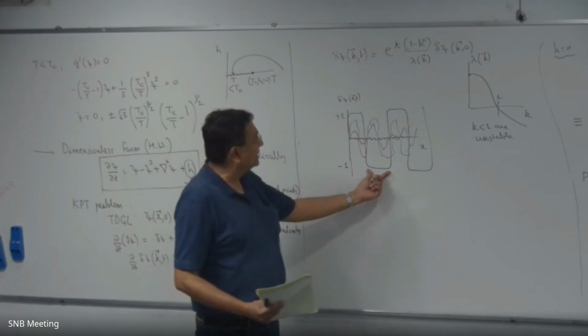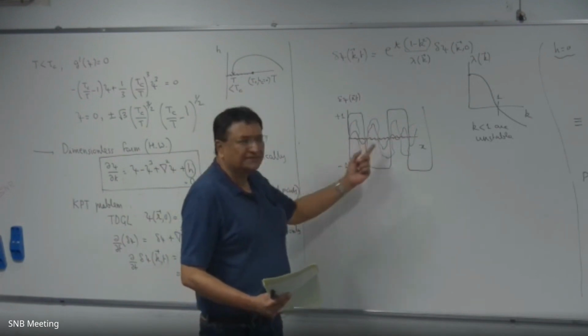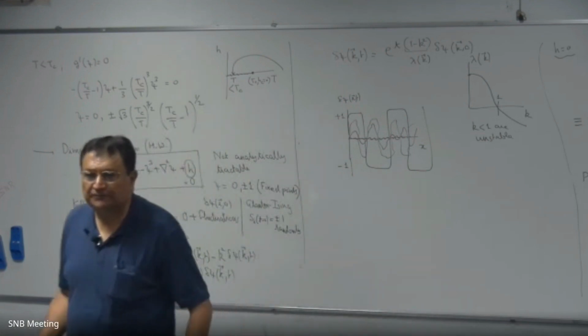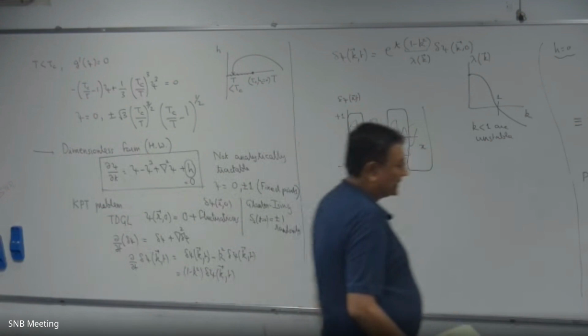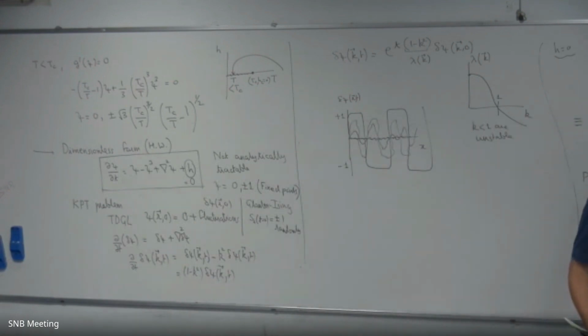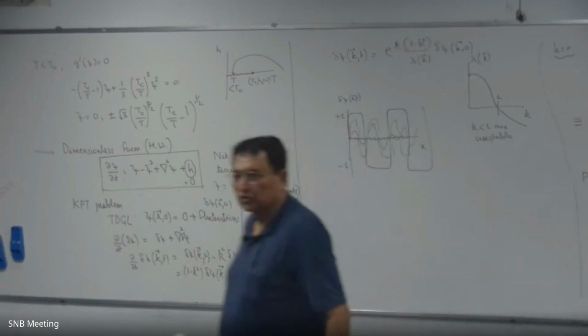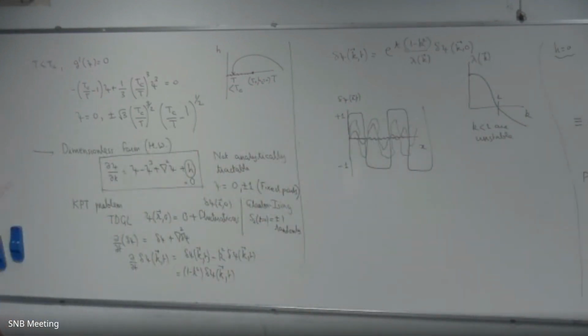Intuitively, the system has interfaces, but it doesn't like them, because they cost me grad psi squared in energy. I have to pay a surface tension cost. So my goal as a system is to remove the interfaces to the extent possible.